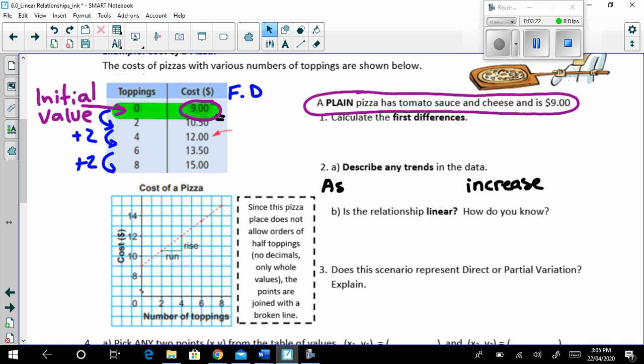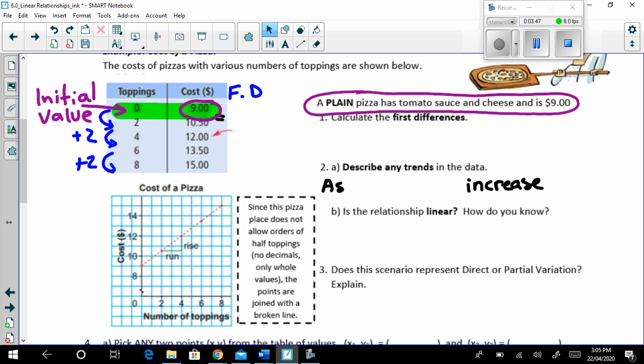Okay, question 2 says describe any trends in the data. So when we're talking about trends, we want to use just words, not numbers, and we want it to be very simple language, like how you would describe the scenario to someone outside of a math class. So often we use the template of as x increases, what is happening to y? So in this case, think to yourself, what is x?